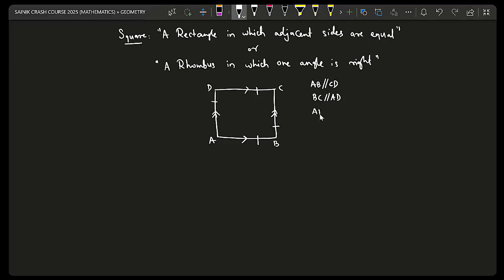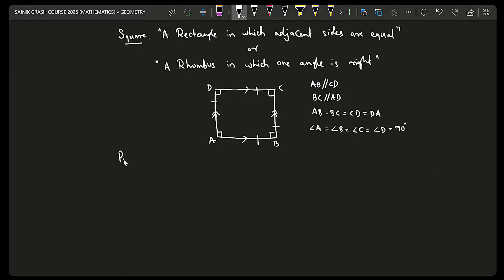Any two adjacent sides you take, they are equal, and automatically all of them will become equal. And then at least one angle you take as right. If angle A is 90 degrees, automatically B becomes 90, C becomes 90, and D also becomes 90. So we can write angle A equals angle B equals angle C equals angle D, and all are equal to 90 degrees.